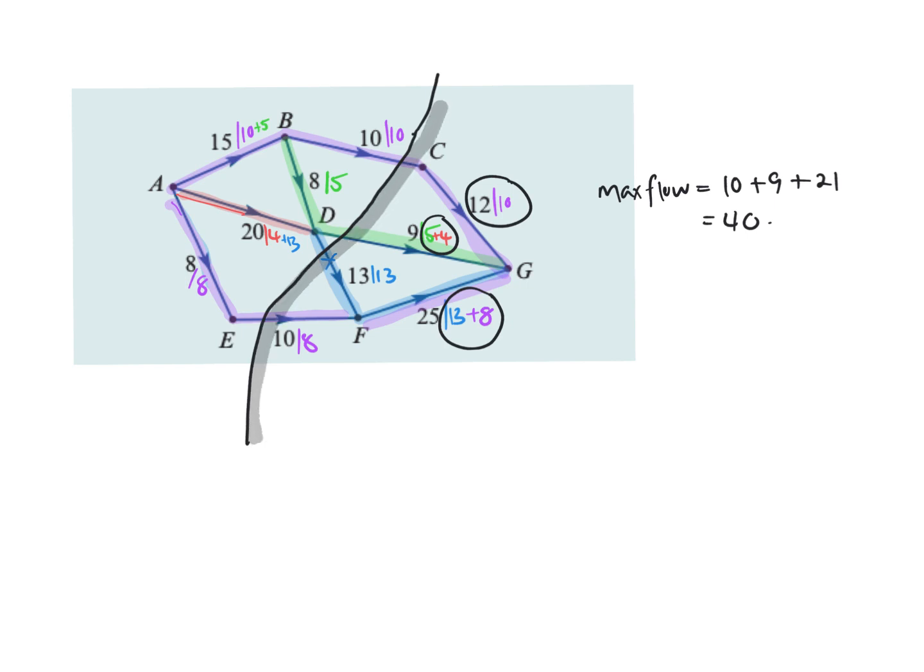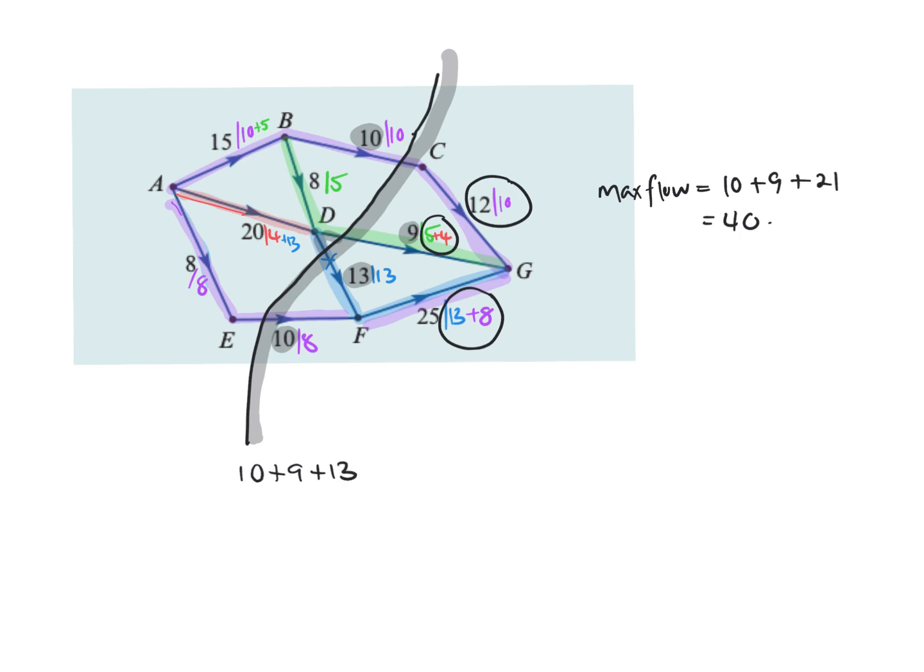Okay, so if I look at it, this 10 is going in. This one here is the 9, and the other one there is the 13, and this one's 10.